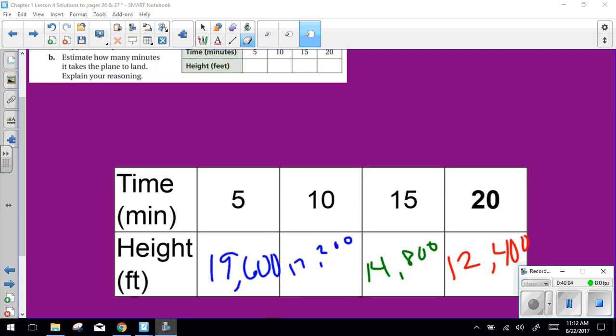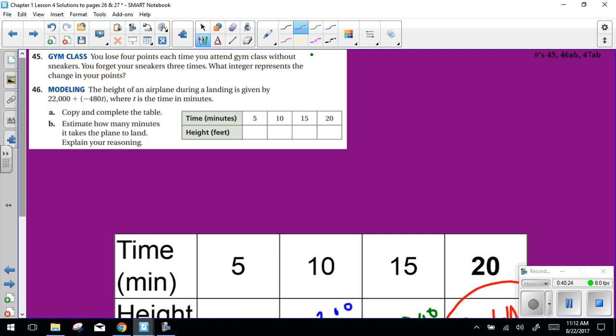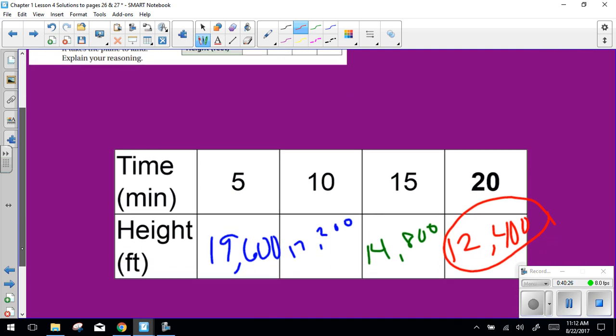All right, so if they say estimate, what I'm thinking is it's going to take another 20 minutes for the plane to land, because this is roughly 12,000 feet, and I need to get to 22,000 feet.